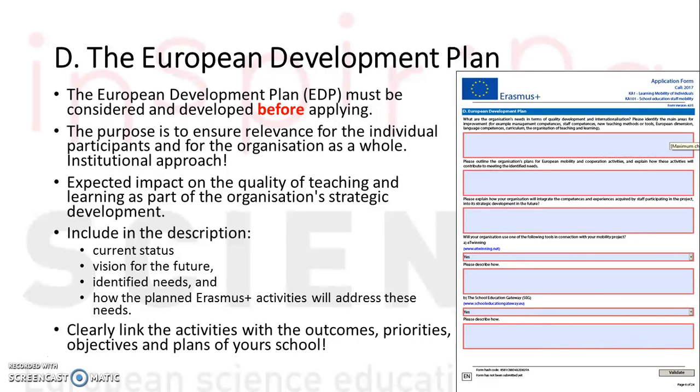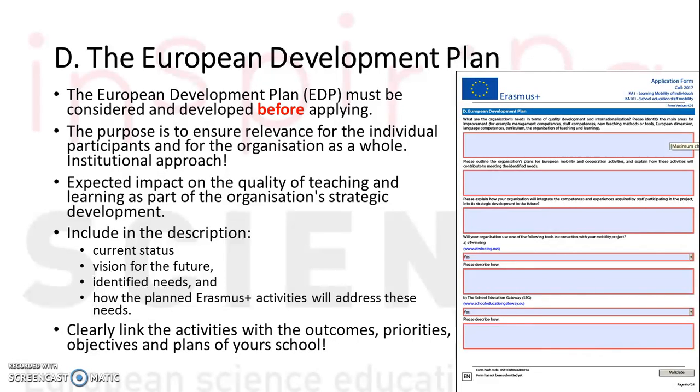So they want to see that you have a vision. You know what you want, where you want to take the school. You know that you have this need to develop the competences of your teachers in a certain area, let's say science, and that you have a roadmap already in place. And those activities that you're applying for now are just supporting this roadmap.